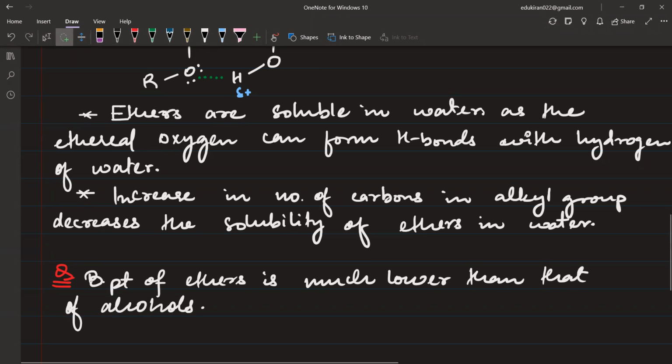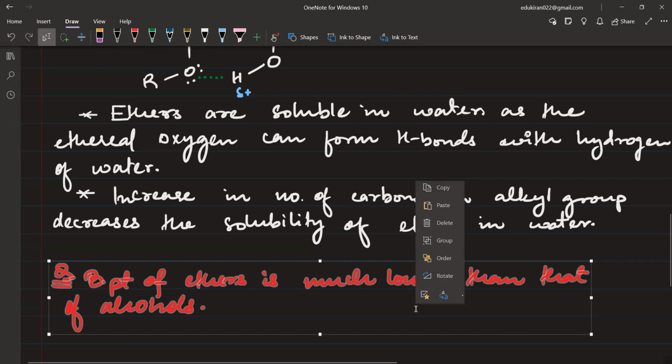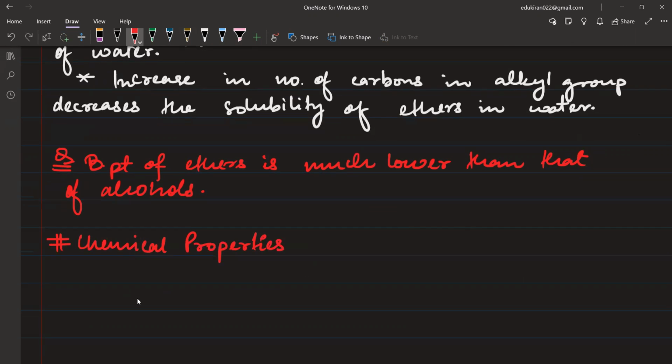So here you can just write the answer. Ethers do not form hydrogen bond, but alcohols form hydrogen bond. That's the reason. Write it fast, guys. And then you will write the chemical properties. Done, everyone? Please tell me.